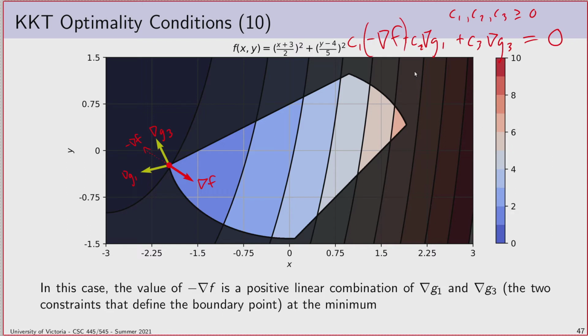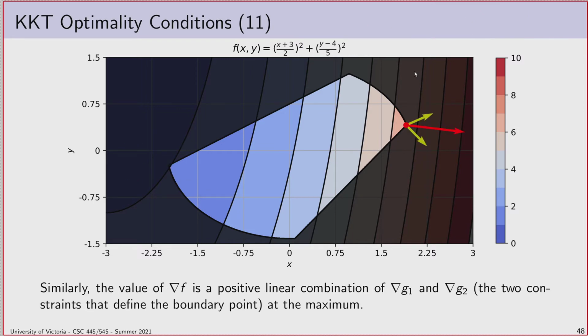I know that there's a lot to digest there, especially because for some reason I'm obstinately refusing to show you the actual theorem. It might be more obvious if we take a look at the maximum. The condition for the maximum is basically equivalent, just with the sign flipped on the gradient. So there again is the gradient of f at the maximum point. Here is the gradient of g1, which is the ellipse, and here's the gradient of this line segment, which is g2.